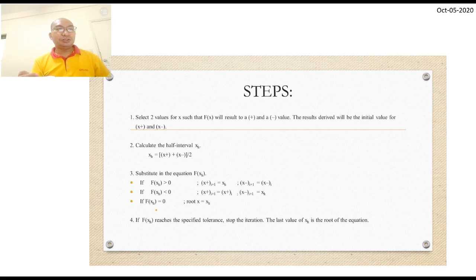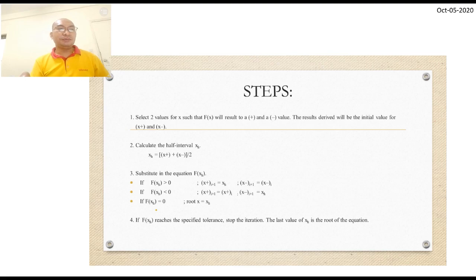If the function of x sub h, after substituting x sub h to the equation, is less than 0, then for the next iteration, the value of x plus will be retained. So x sub i plus 1 will be equal to the existing x plus, while the next value of your x minus will be equal to x sub h.